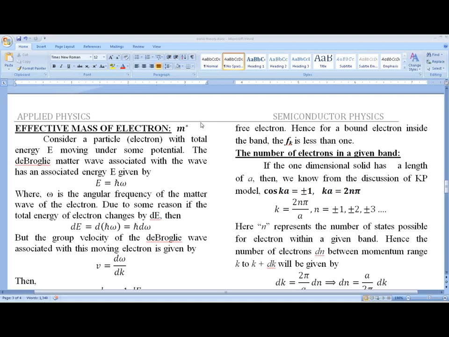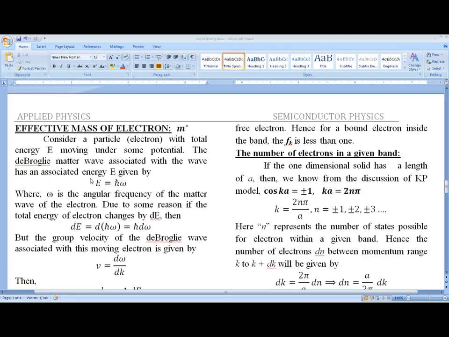Let us suppose the matter wave associated with the electron with total energy E is described by E equal to h cross omega, because after all E equal to h nu is the wave form of energy. Instead of h nu one can write h by 2 pi into 2 pi nu, which is h cross omega.